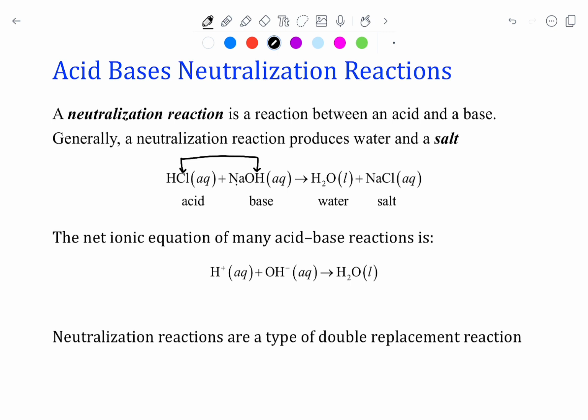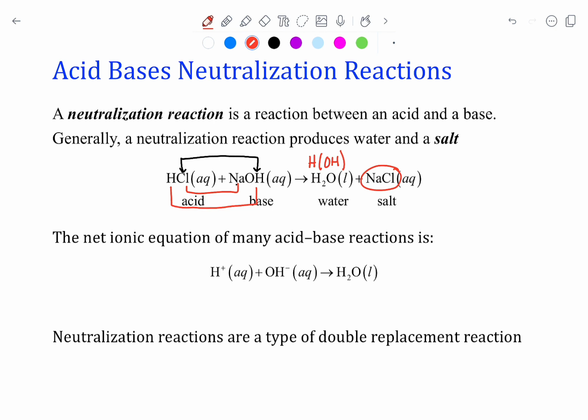So Na now goes with Cl, and that's how we get NaCl. And the H plus and the OH minus come together to create water. So this is an example of where it might be easier to write water as HOH, so that you can see that it is made up of the hydrogen ion and the hydroxide ion coming together and forming water. You'll find this specifically useful when we start to balance these types of reactions.